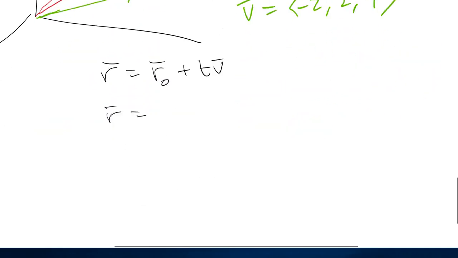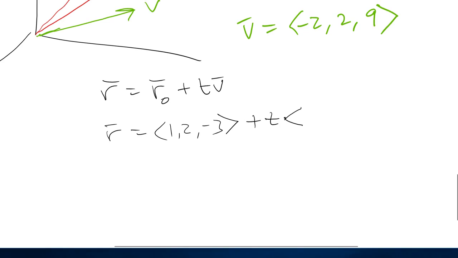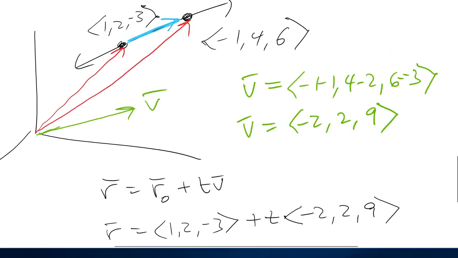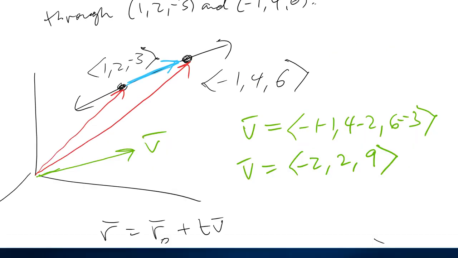I'll use the first one, (1, 2, -3), plus t times v, which is (-2, 2, 9). Let me check that. That was -1 minus 1 is -2, and then 4 minus 2 is 2, and then 6 minus (-3) is 9. Yeah, that's it.